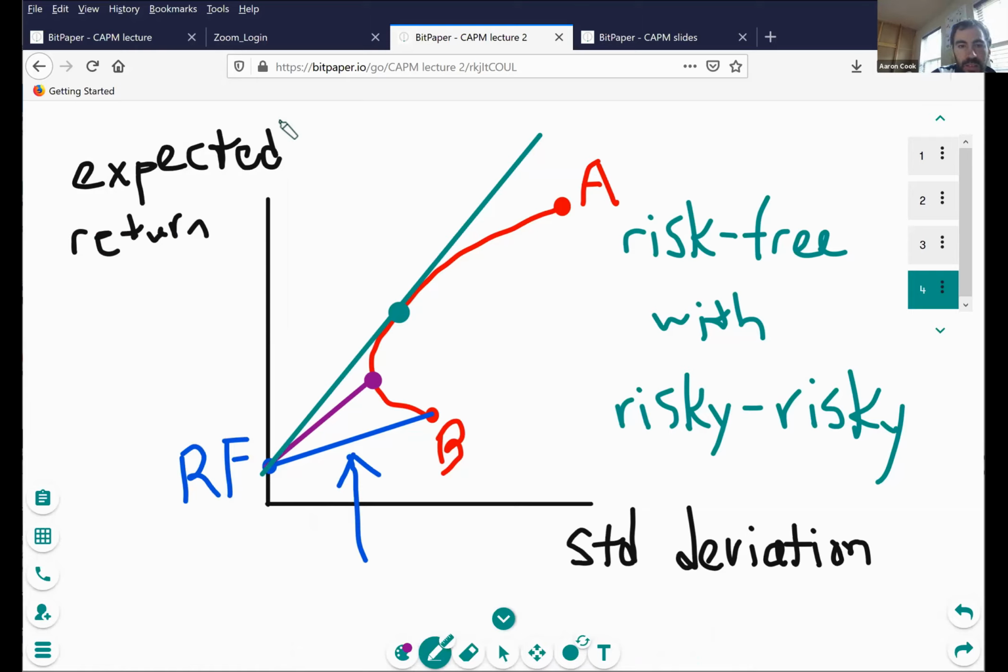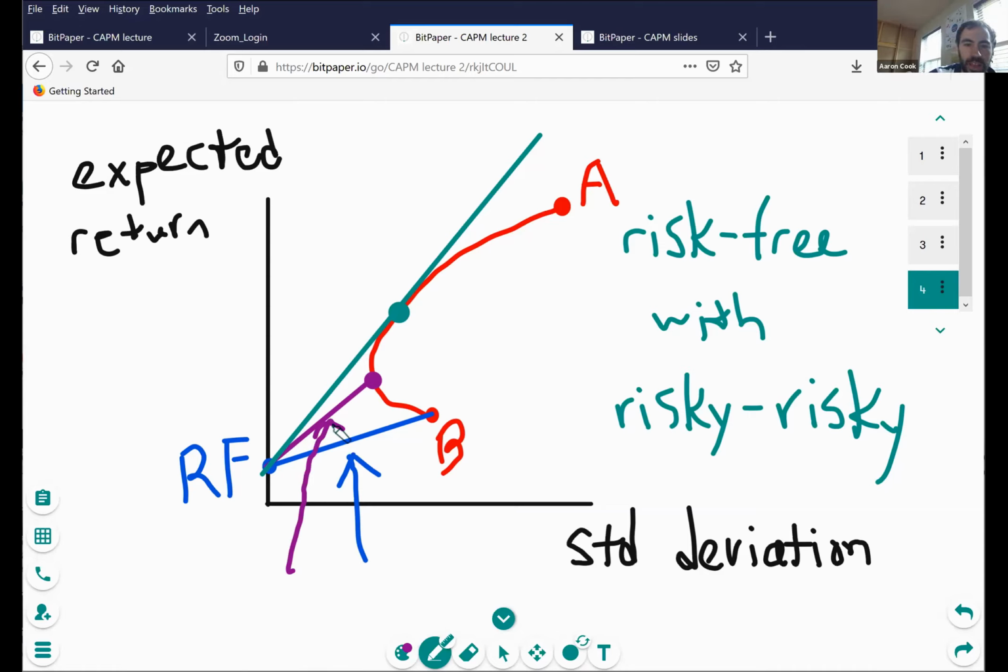Similarly, if we chose a different combination of A and B for our asset that we were going to combine with the risk-free rate, we could achieve any portfolio along this purple line.